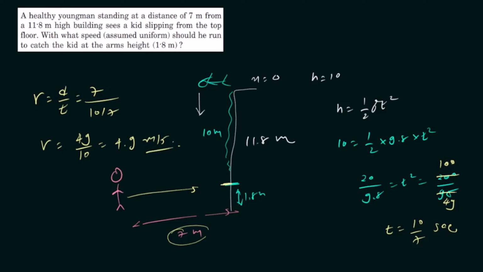So the speed of this young man would be 4.9 meter per second to catch this kid. Otherwise, the kid is gone. So his speed should be more than 4.9 meter per second. It can be 5 meter per second, 5.1, whatever the value, but it should be more than 4.9 meter per second to catch this kid. Okay, so that's all for this particular problem.